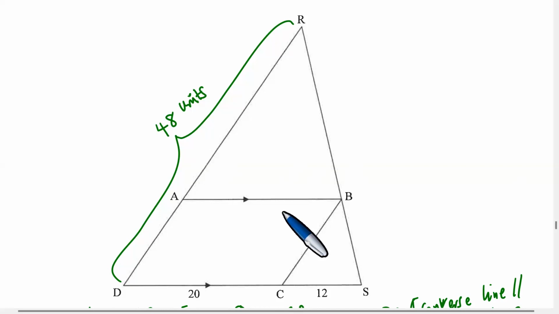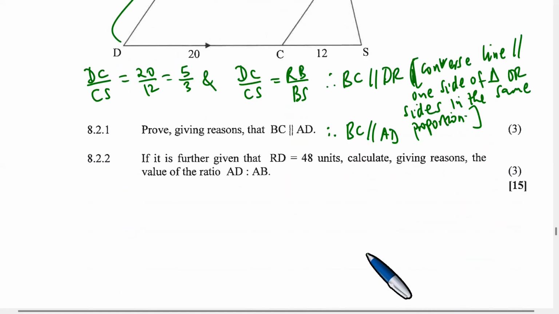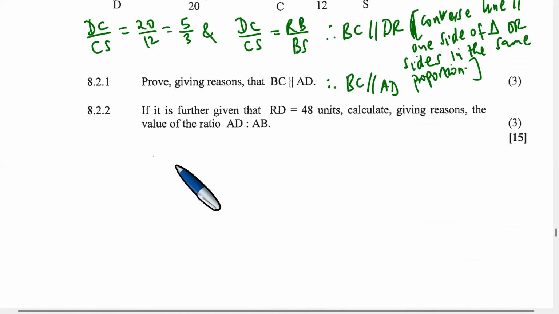First, we make the observation that the ratio of AR to AD, AR over AD, is equal to RB over BS.